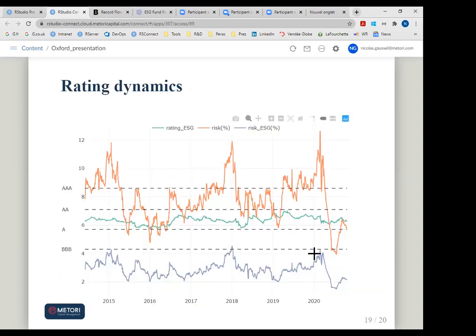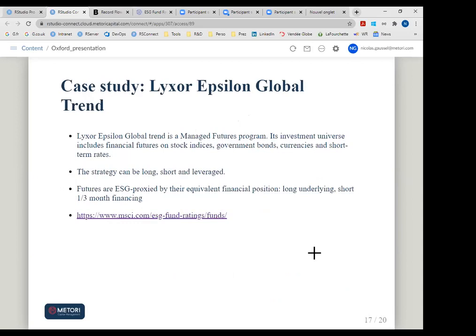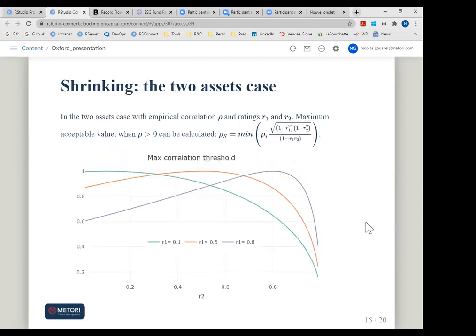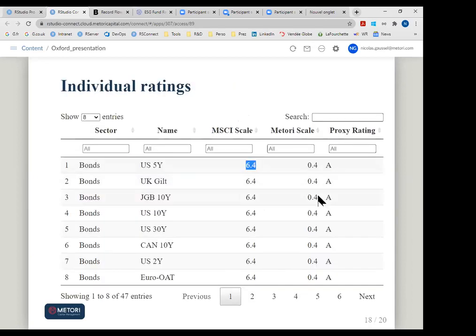Here, this example is just to show, for a two-asset example, the impact of the shrinkage. I tried to put the total 50-by-50 or 70-by-70 covariance matrix, but it was very difficult to read. But practically, what I can tell you is that in our investment universe, which you can see here, you have most of the usual suspects of bond markets, equity markets, short-term rates, and currencies.